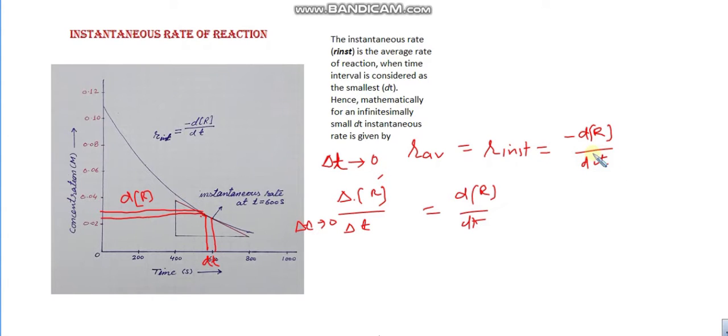We can explain with the help of one example both the average rate and instantaneous rate.